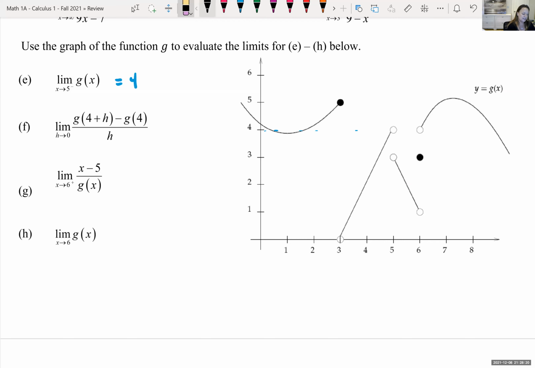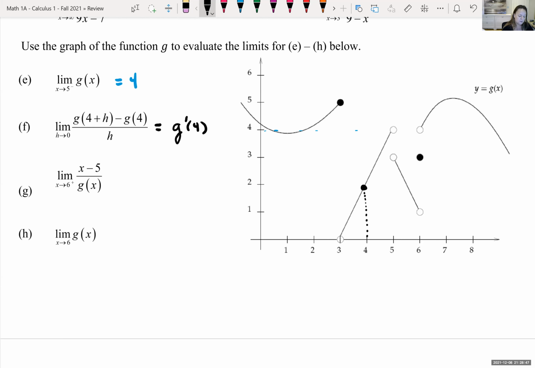This next one says, look at the limit as h approaches 0 of g of 4 plus h minus g of 4 all over h. So you should recognize that this is saying it's looking at the derivative of g at 4. So if we were looking at this function, it wants us to find the derivative when x equals 4.